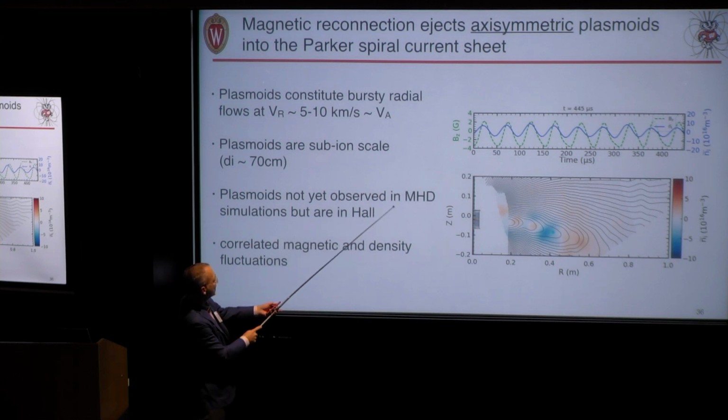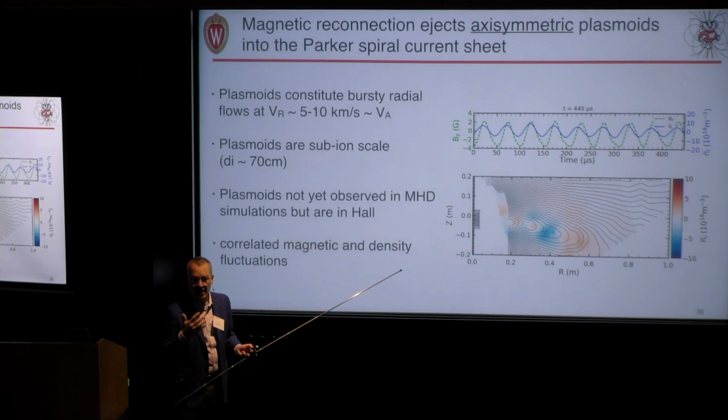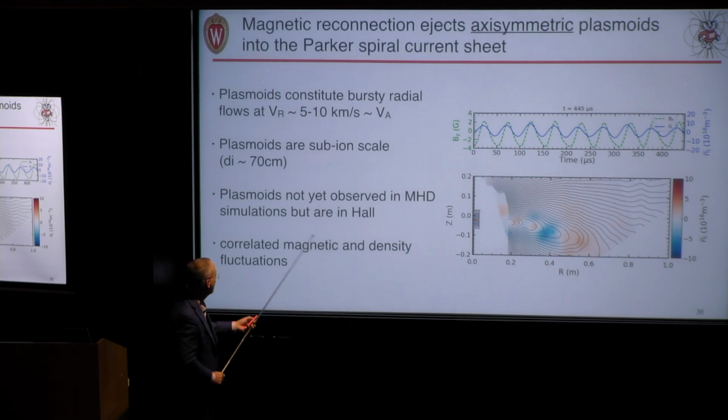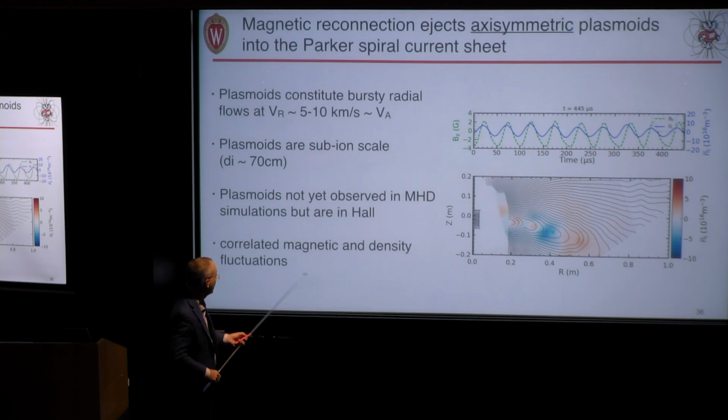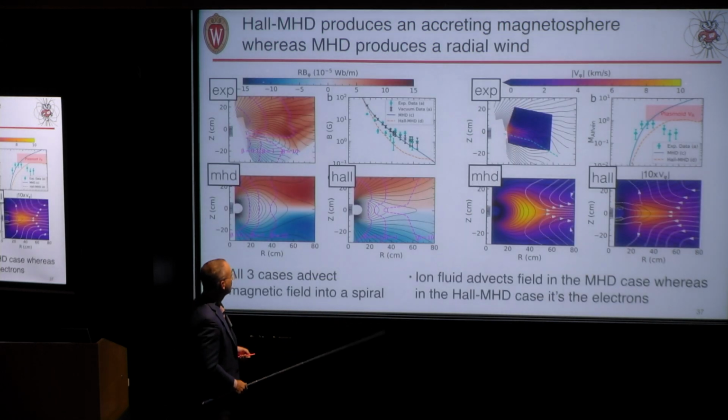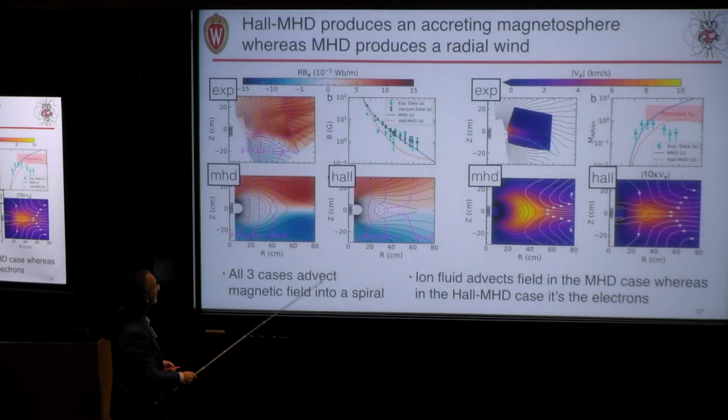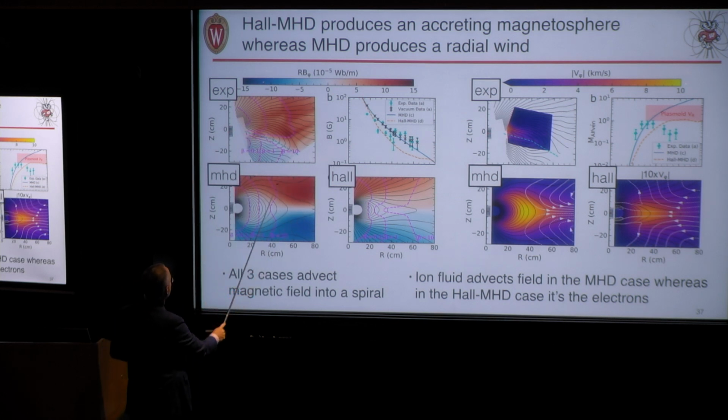In simulations, these plasmoids are not observed in straight up MHD. We have to include Hall terms. For those who know the difference between those things, Hall MHD is actually critical here. And there's a strong correlation between the magnetic and density fluctuations. Okay, and this is a little bit of that comparing experiment. These are the flow speeds and the magnetic fields with MHD and Hall MHD.